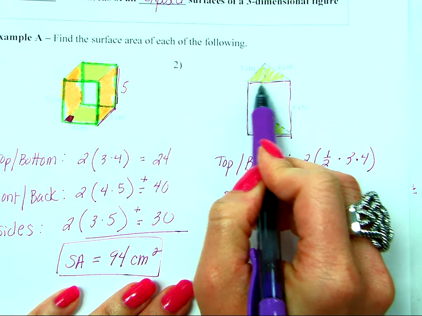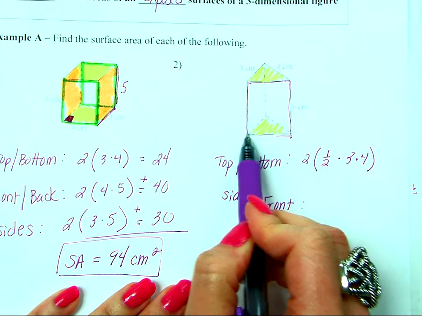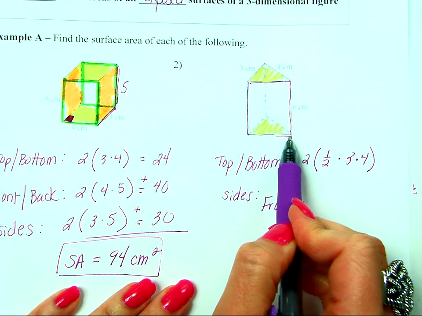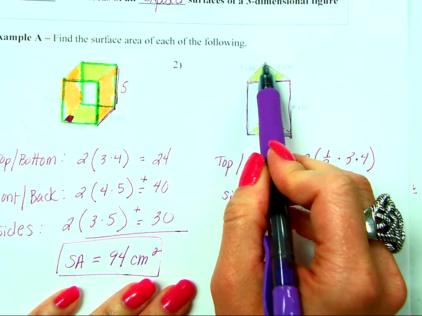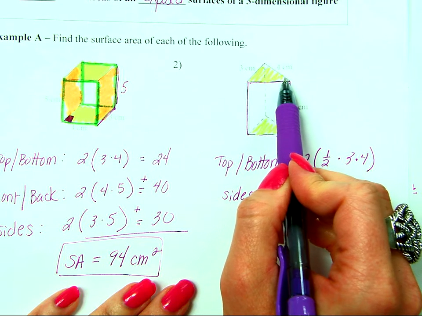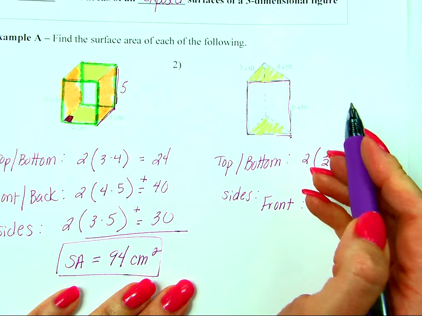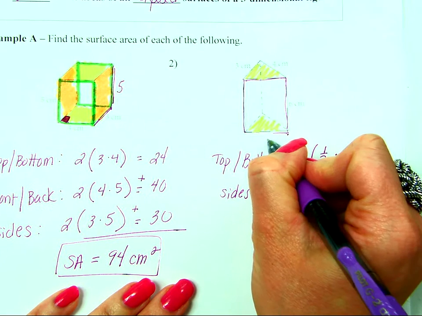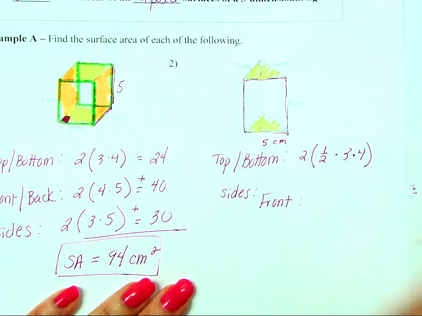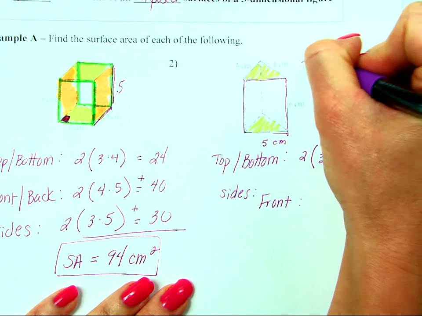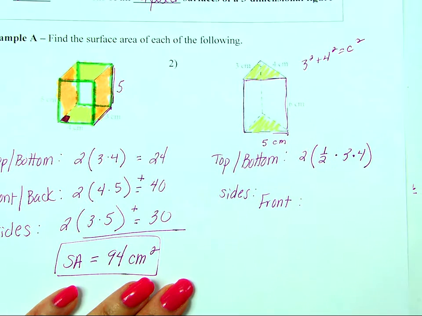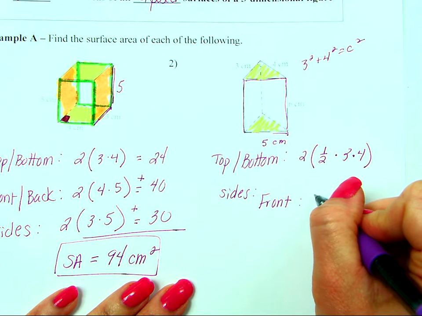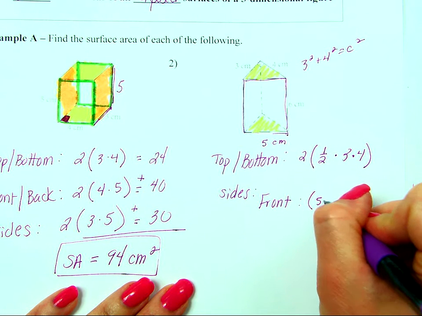But this width here is not given. However, if I have a right triangle and I have sides 3 and 4, I do know the Pythagorean triple, 3, 4, 5. So this hypotenuse must be 5 centimeters. Now, I could have also found that using the Pythagorean theorem, and we would find the same thing. So my front side is actually going to be a 5 by 6.